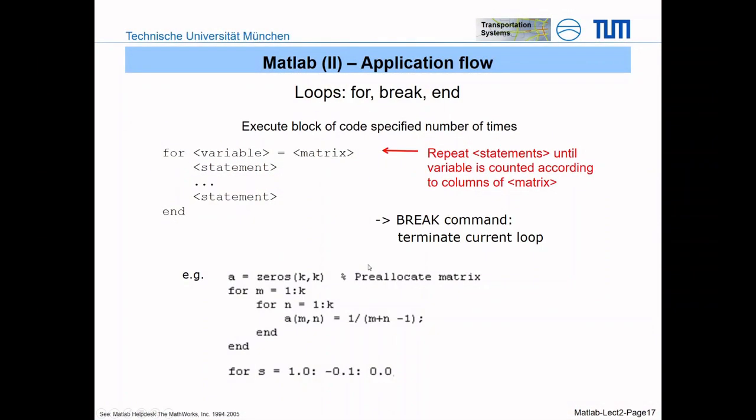What we now also need is we want to repeat things so that we do things more than once. And this can be done with loops. There are two different types of loops.